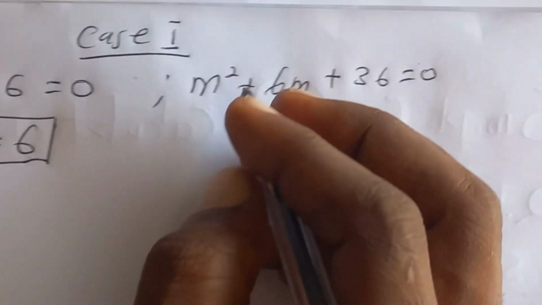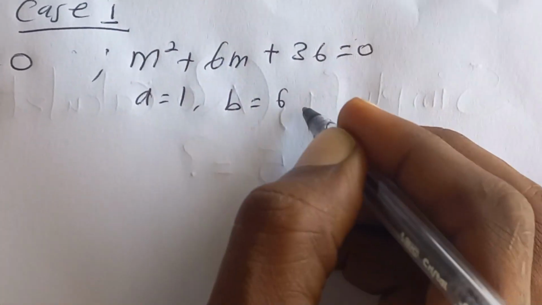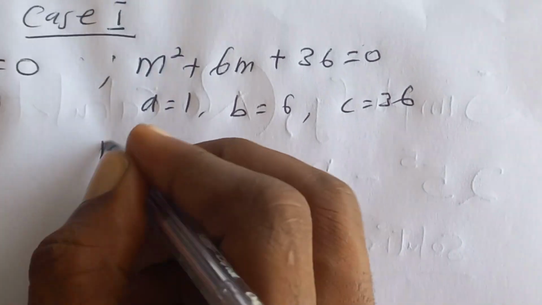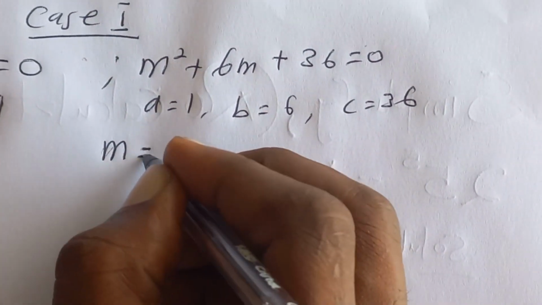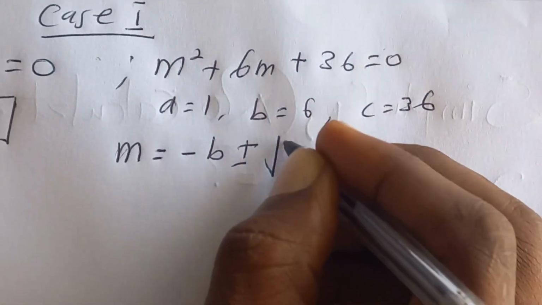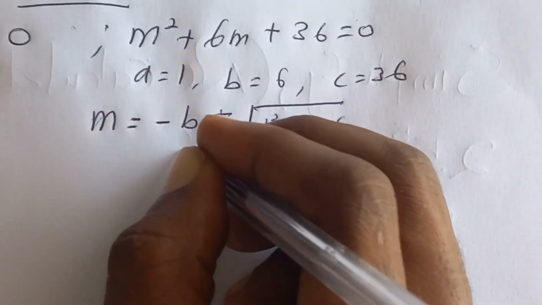And then for this one, our a is 1, b is 6, then our c is 36. So m is equal to minus b plus or minus root of b squared minus 4ac over 2a.